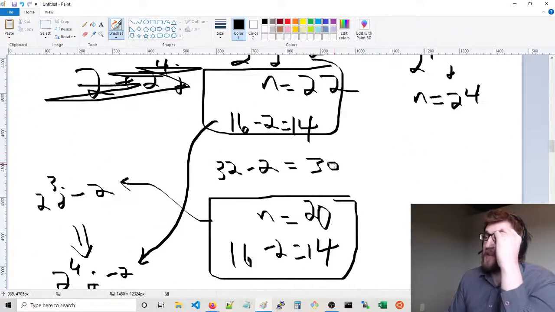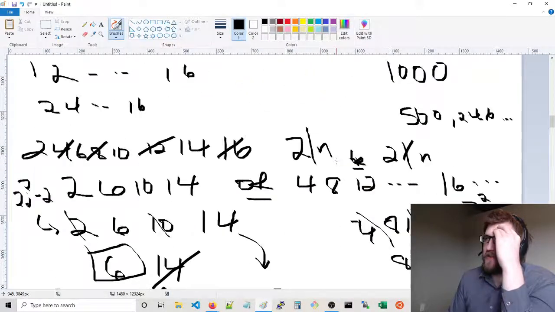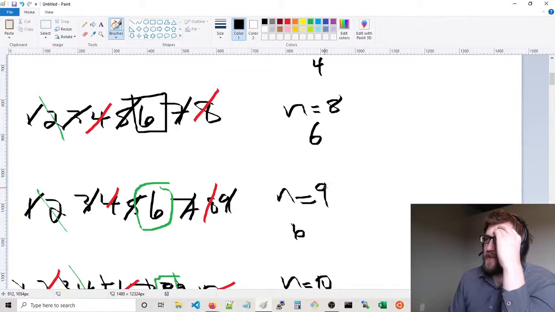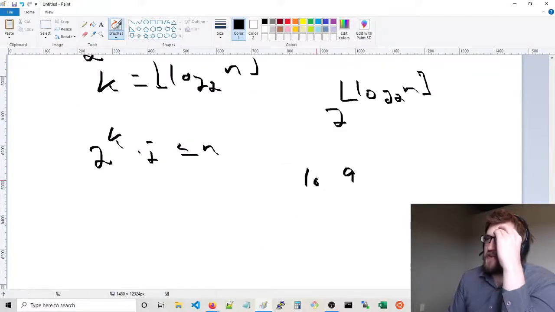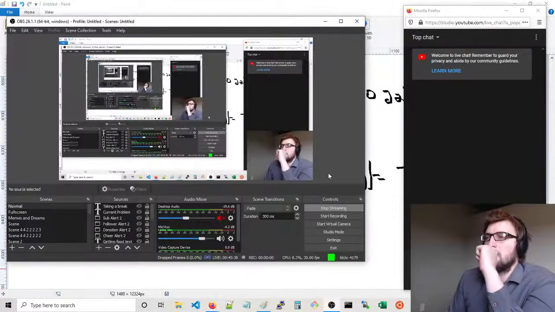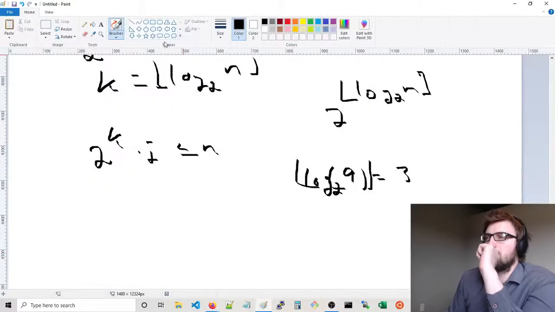Like 8. What's 8? Not 8. 9. Yeah, 9. Log base 2 of 9, the floor of that is 3, I think. Right? Yes. And then 2 raised to the third is 8.